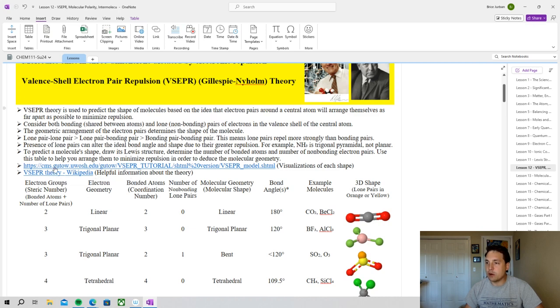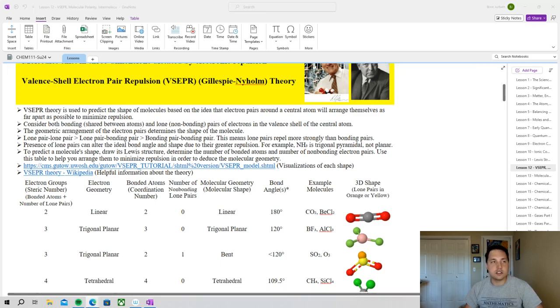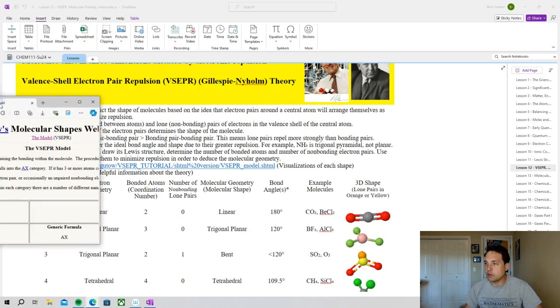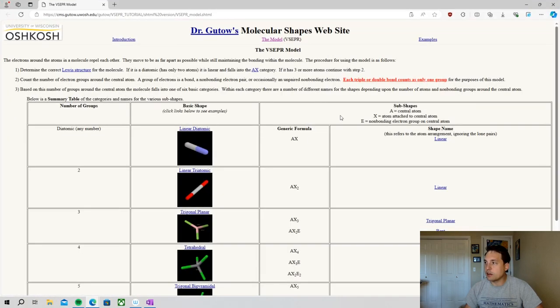And what I'm going to use is this website. So it's really helpful to visualize each of the shapes. And we're going to start here by looking at some of the simplest molecules that can exist and what their shapes would be. The simplest molecule is a diatomic molecule, which would be just two elements bound together.